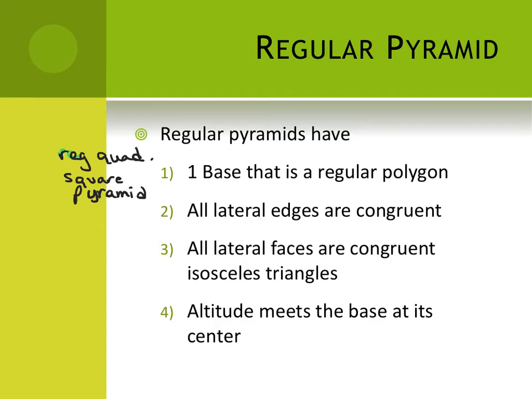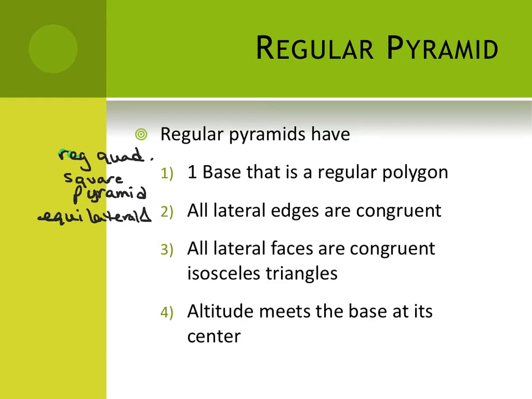And if I were talking about a regular triangular pyramid, then I know that my base would be an equilateral triangle. All of the lateral edges are going to be congruent. All the lateral faces are going to be congruent isosceles triangles. And the altitude of our pyramid is going to meet the base at its center.